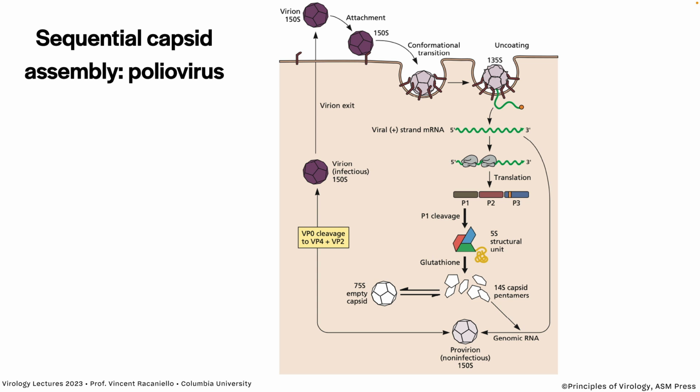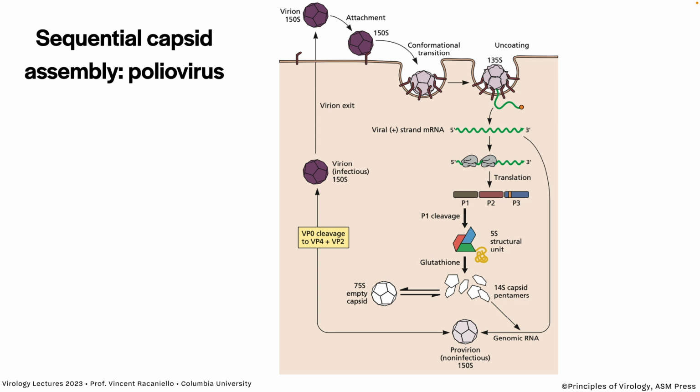But here's the capsid protein structural unit, VP1, 2, and 3. 5 of these assemble to form pentamers. And then the pentamers assemble to form a virus. So, a sequential series of steps to form the virus particle. You make the 5S structural unit, you make a pentamer, and then you make the virus particle.